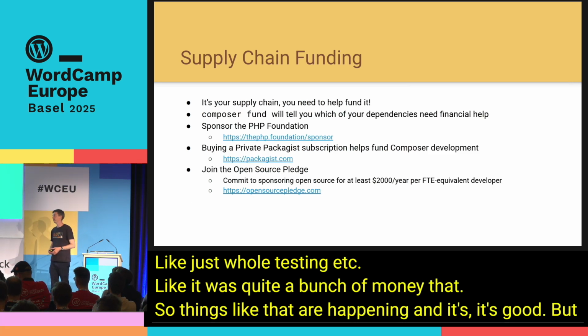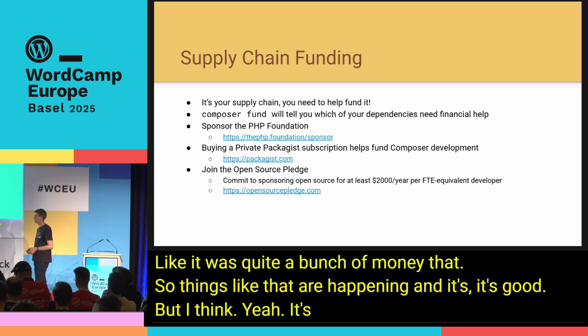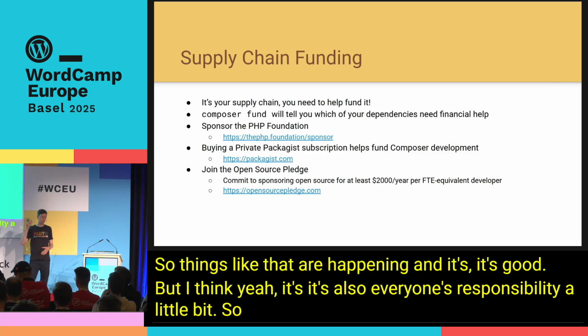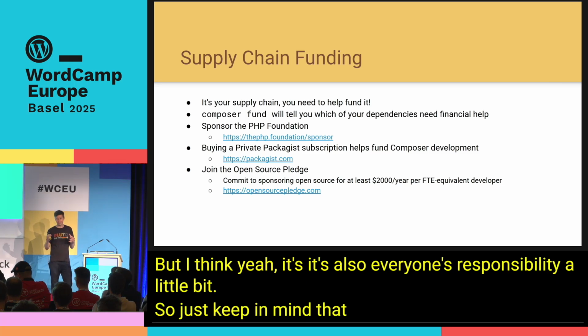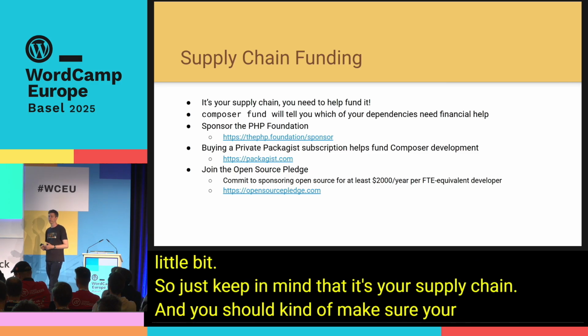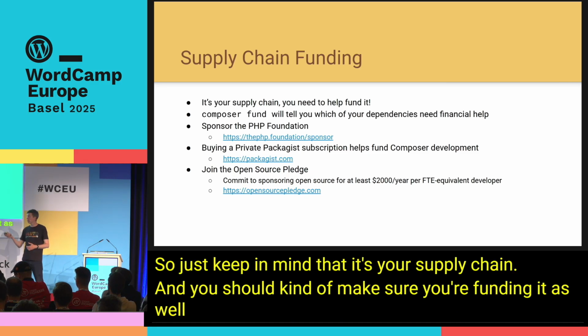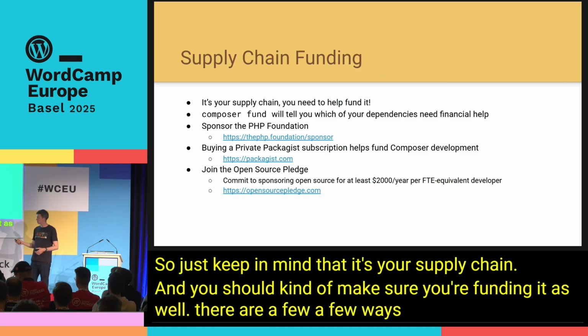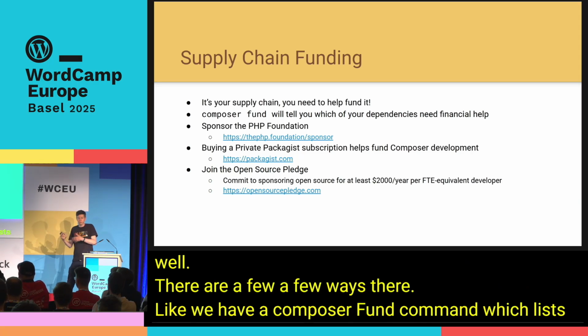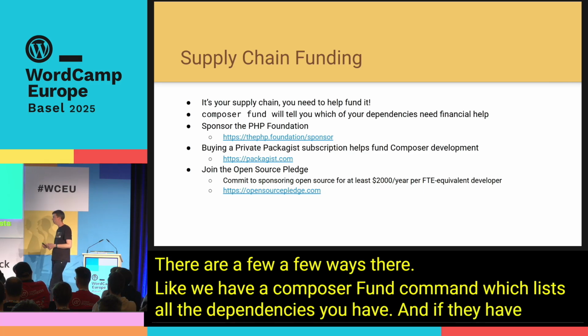But I think it's also everyone's responsibility a little bit. Just keep in mind that it's your supply chain, and you should make sure you're funding it as well. There are a few ways. We have a Composer fund command, which lists all the dependencies you have and if they have information about funding.